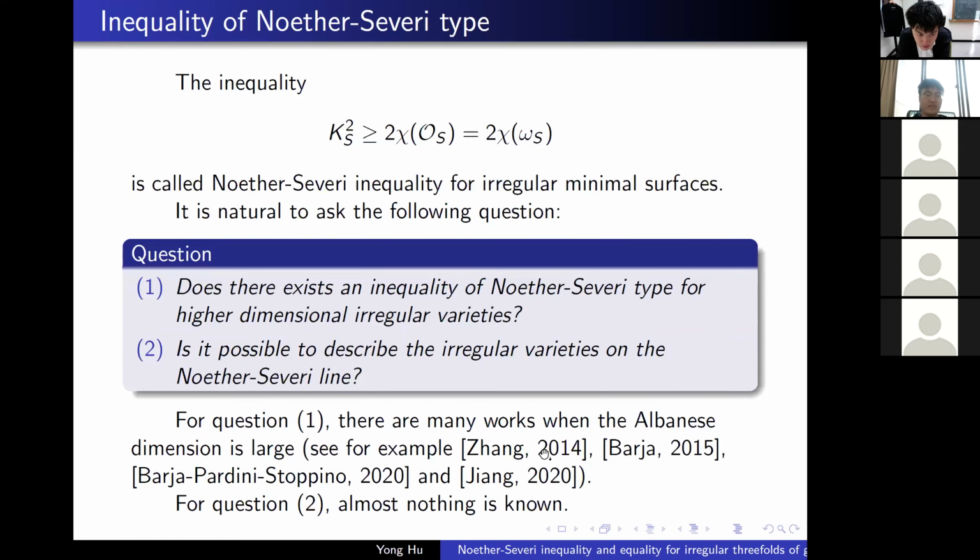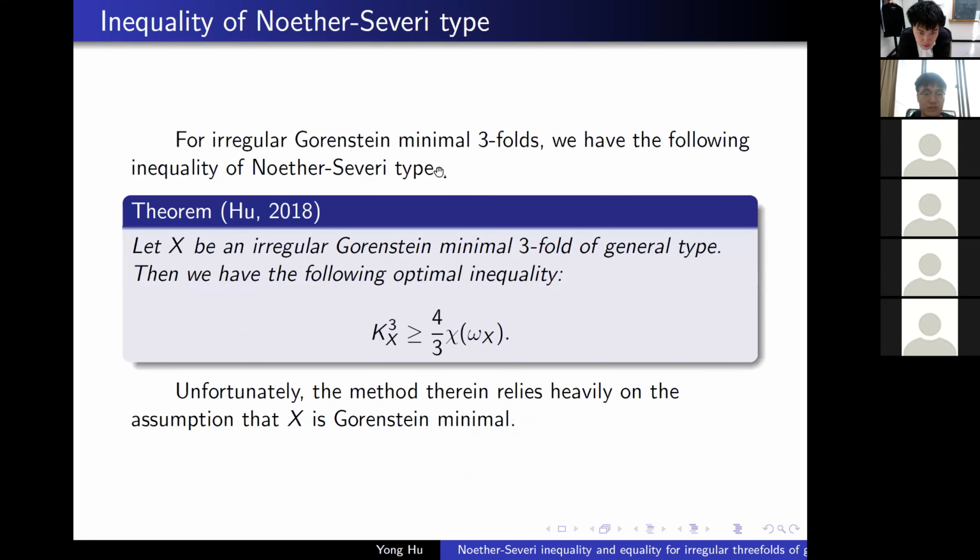When the dimension of this irregular variety is 3, I have the following inequality of Noether-Severi type. This is the theorem in 2018. Let X be an irregular Gorenstein minimal threefold of general type. Then we have the following optimal inequality: K_X cubed is larger than or equal to 4/3 chi(omega_X).